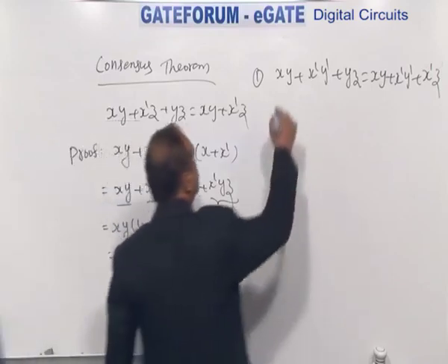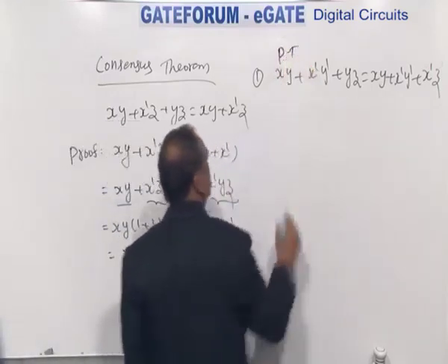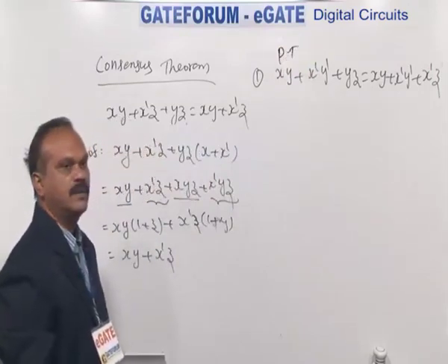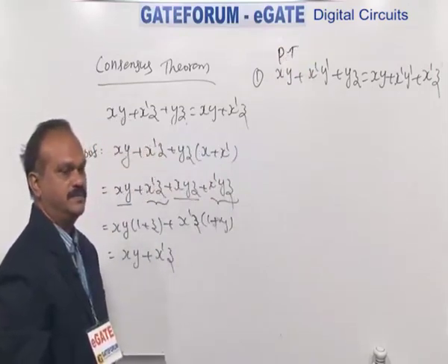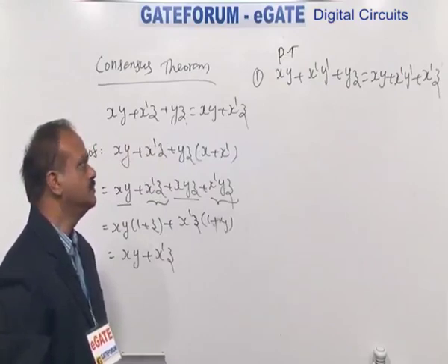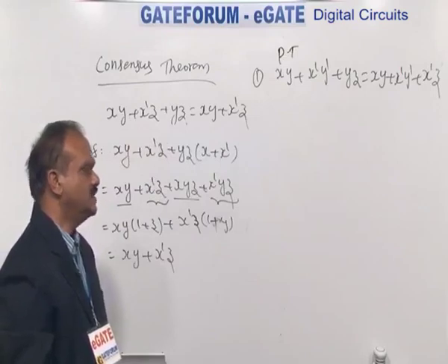You have to prove that xy plus x bar y bar plus yz is equal to xy plus x bar y bar plus x bar z. That is the question.